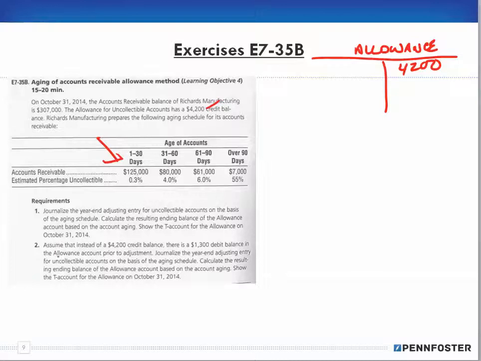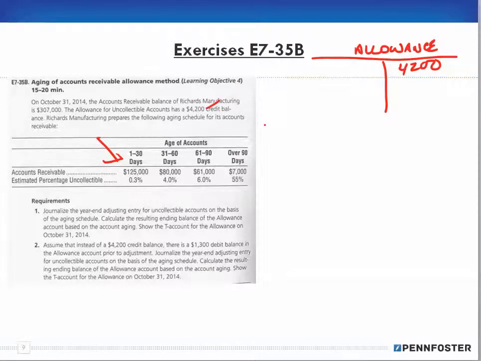Before I do that, I'm going to look at number 2 here. It says assume that instead of a 4,200 credit balance, there is a 1,300 debit balance in the allowance account prior to adjustments. Journalize the year-end adjusting entry using the aging schedule, calculate the resulting balance of the allowance account, show the T account. So basically 1 and 2 are the same. The only difference is what our beginning balance is.